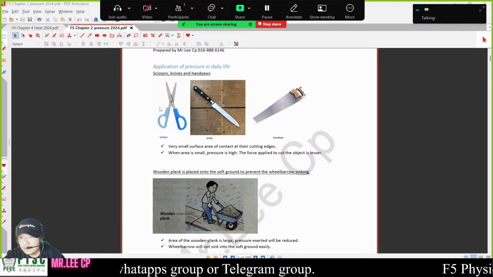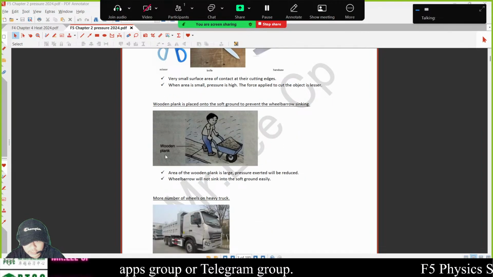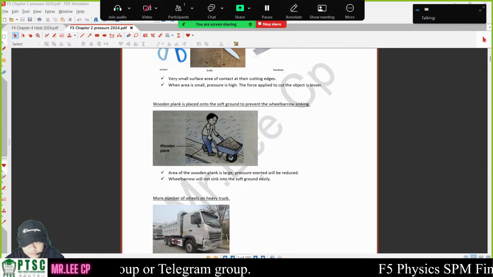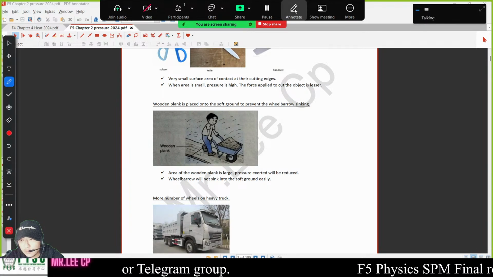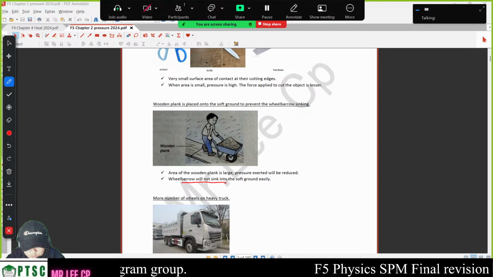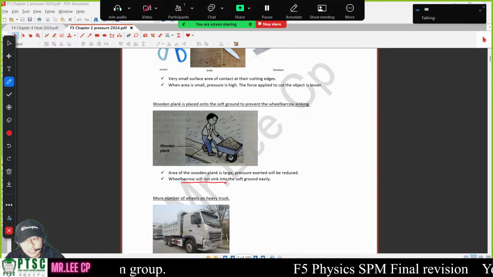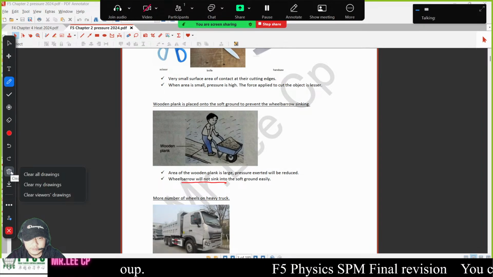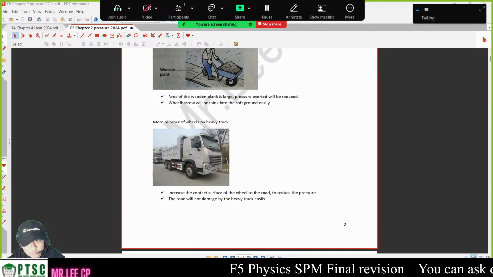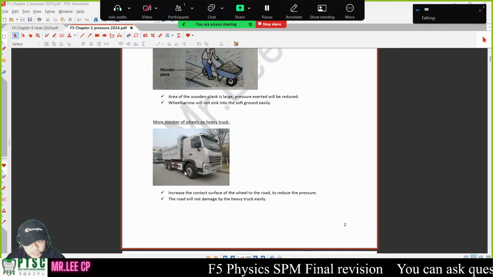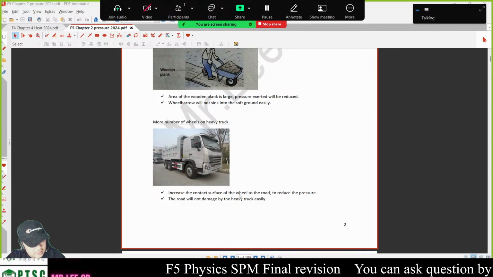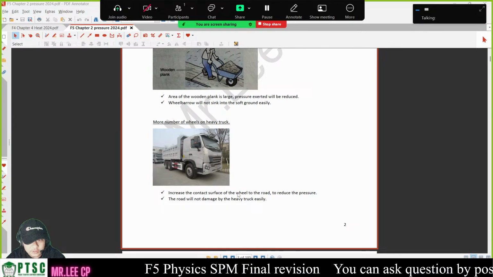For example, you place a wooden plank so the wheelbarrow will not sink easily into soft ground. Another example is more tires on the wheels of a heavy truck, because it increases the surface area to reduce the pressure.